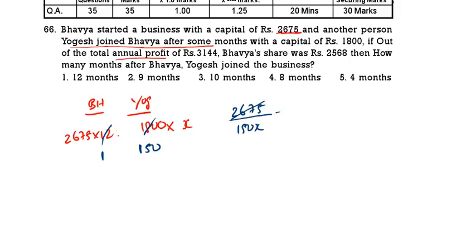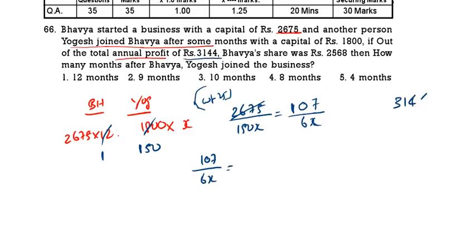This we can further simplify with 25. 25 ones, 25 sixes are 150, 25 sevens are 175, so this is 6x. So it is 107 by 6x, equal to, if out of total profit of 3144, Bhavya's share is 2568. This is Bhavya's share. Then the balance, what is the balance? 576.